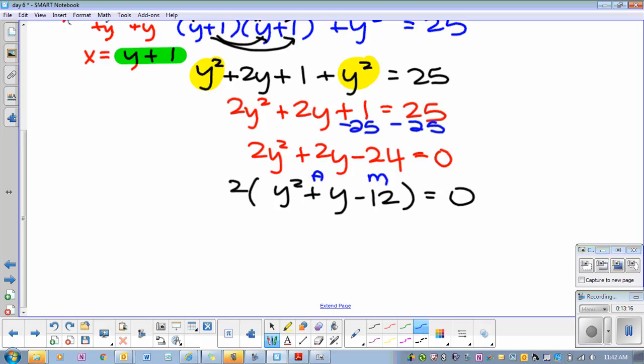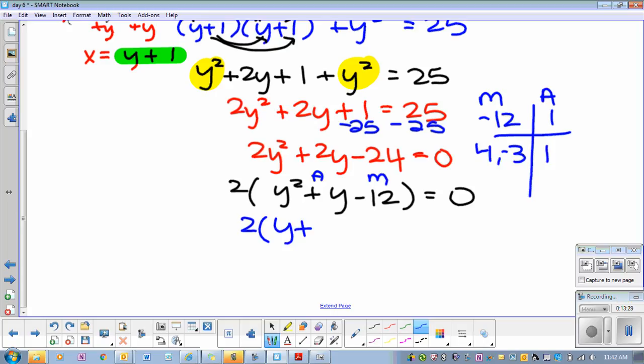Two numbers that multiply to negative 12 and add to give you a positive 1: 4 and negative 3, right? So now you have 2 times y plus 4, y minus 3 equals 0.